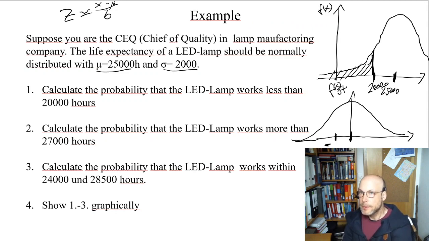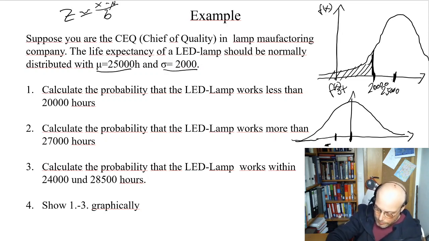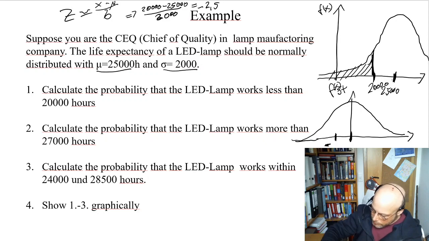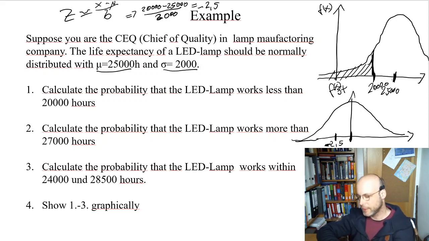If x is 20,000, then our specific z is, well, we just put in our numbers: 20,000 minus 25,000 over 2,000 is minus 2.5. Exactly. So then we have here our minus 2.5.